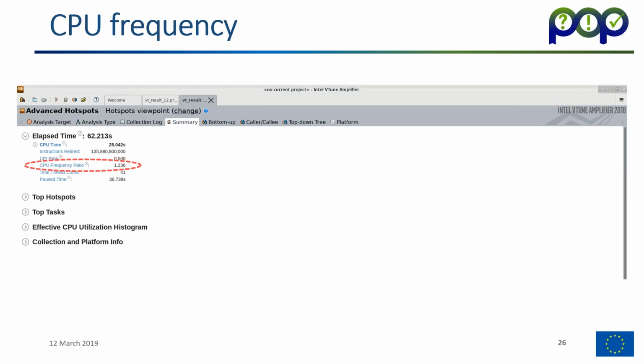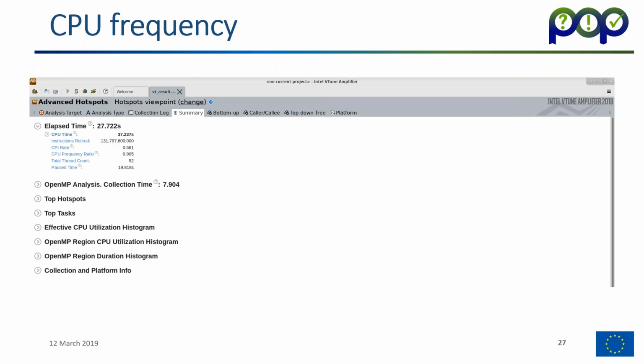These results on screen now are for a single thread, and we can see it has a CPU frequency ratio of 1.236, so it's running about 1.2 times above its nominal base frequency. If we look at the same screen for 12 threads, we'll see the CPU frequency ratio there has dropped to 0.9. So it's actually running slower than its base frequency, and obviously much slower than it was on one thread. And that was where we generated the number that said the CPU frequency drop was occurring.